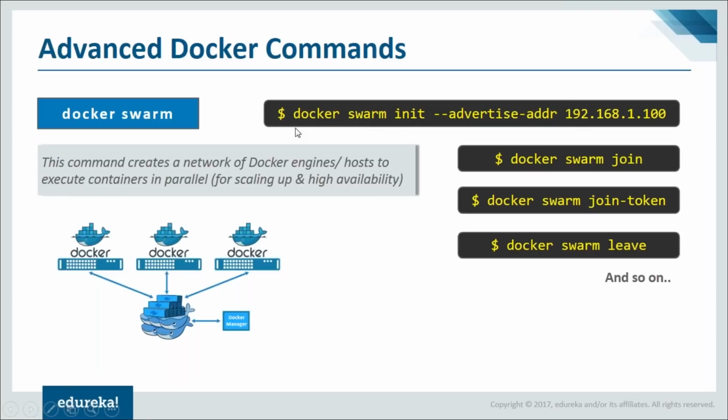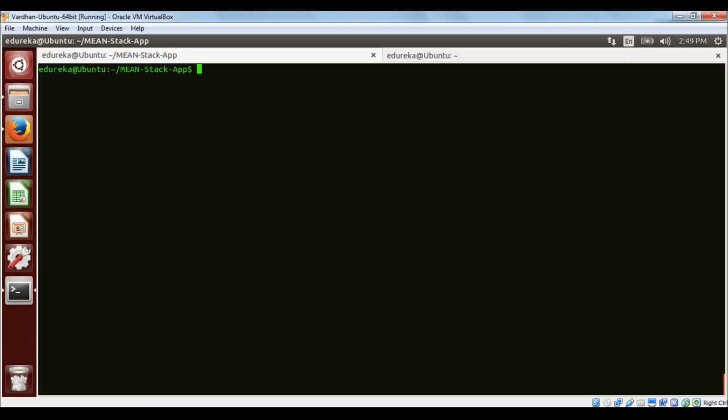So let's quickly go and execute this first command, and let me show that to you. Okay, so let me open up the terminal, and the command is docker swarm init, which stands for initialize, with the flag --advertise-addr, and then the IP address. So the IP address of my VM is 192.168.1.100.